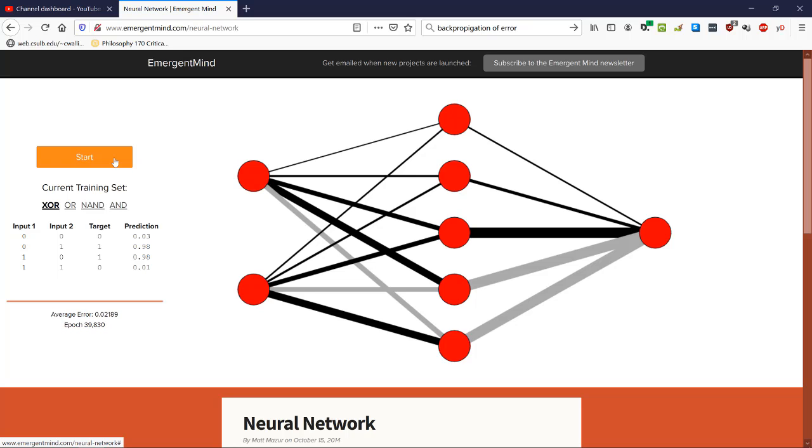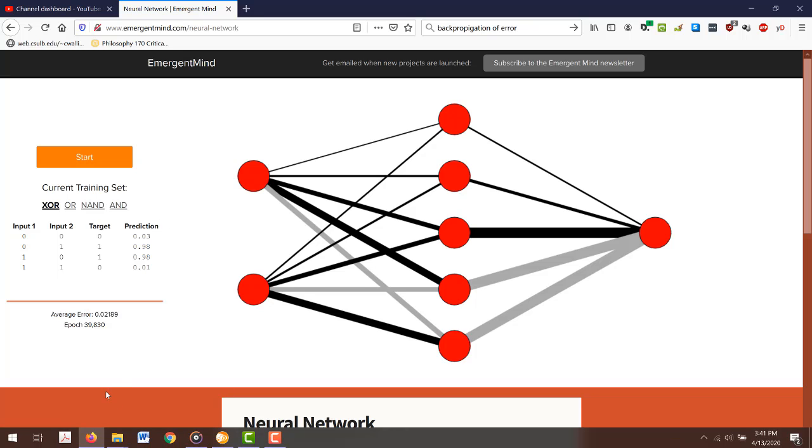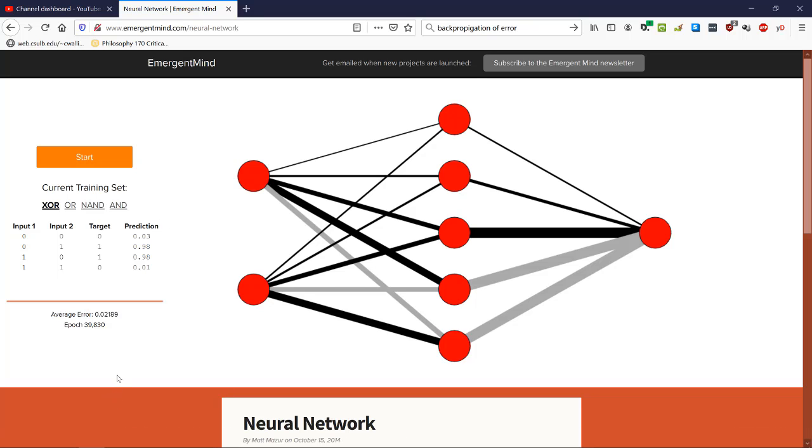Now, as you can see, it started off with a pretty high error rate, and it configured its weights until now it only gets this wrong about 1% of the time. It gets these right about 98%, or gets it wrong 2%, and it gets this wrong about 3% of the time. So it's gone from pretty random performance to pretty good performance, but it's done so because it's gone through its training set almost 40,000 times.